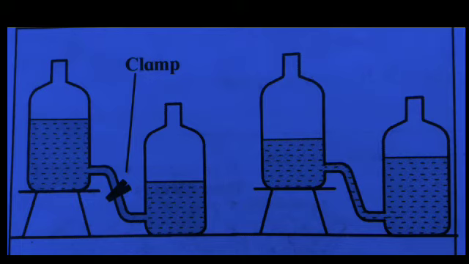Third question is, what will you do to keep the water flowing for a longer duration? For this, we have to loosen or open the clamp slowly. Then the water flows for a longer duration.